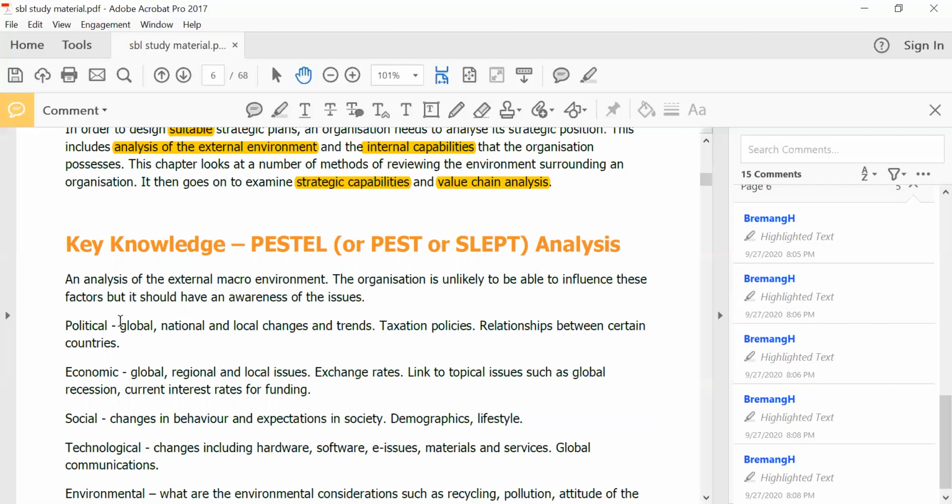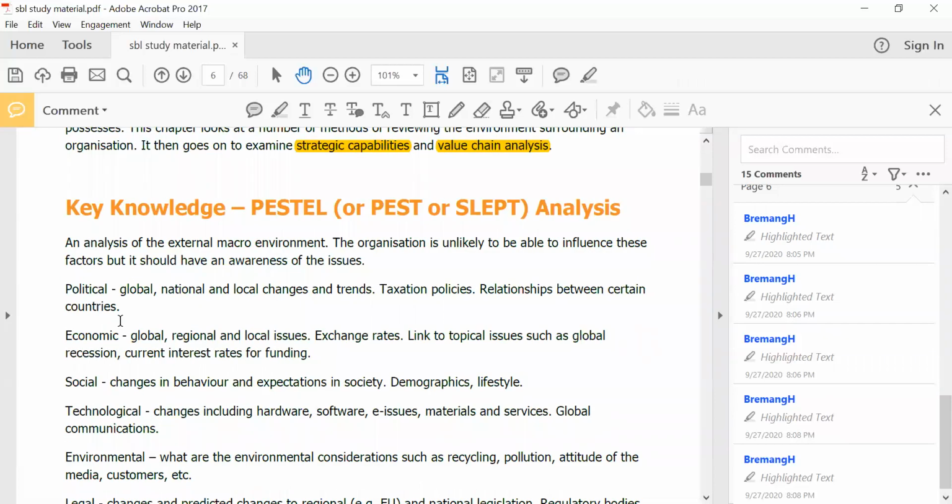So first of all, if you want to deal with the external environment, you are to rely on PESTLE analysis. You are to know the elements under this analysis. They look at how your company can influence that or can be affected by that. The first one is what we call the political indicator. With the political indicator, we're talking about global, national, and local changes and trends.